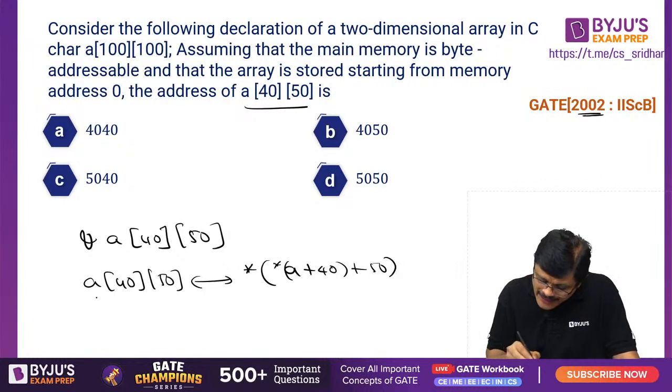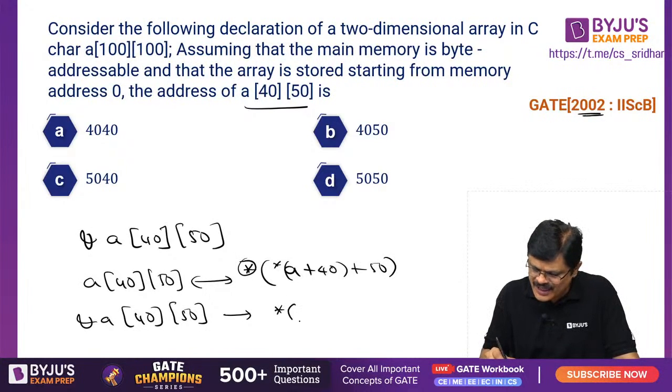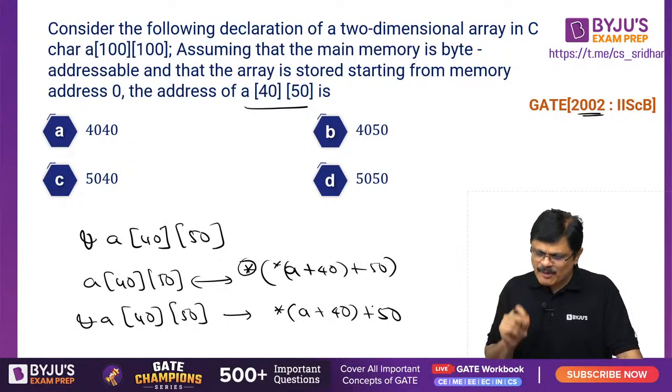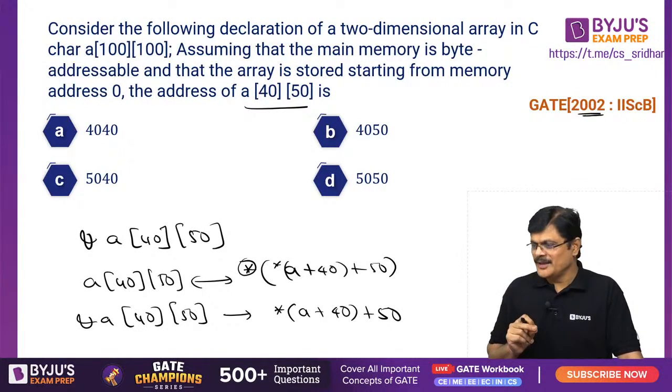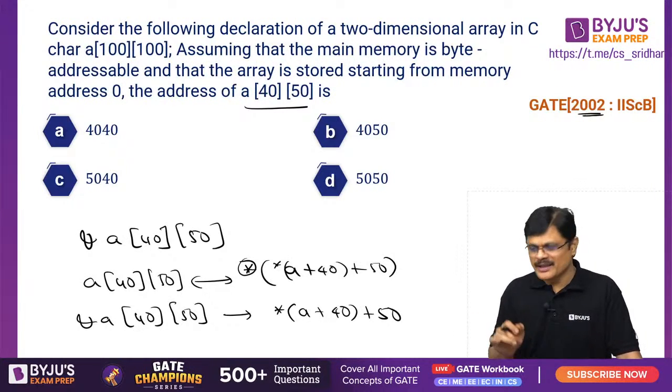But I want only the address of this, so this star is not required. Those who can answer this perfectly using the logic, if you remember, don't do it. If using the logic you are able to solve it, then it is done.